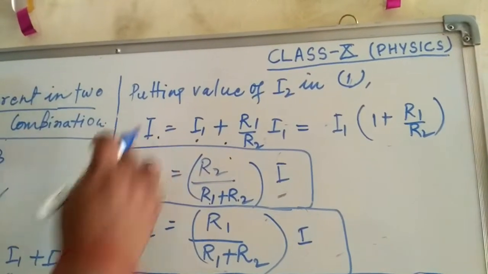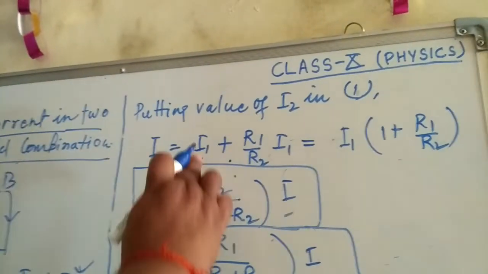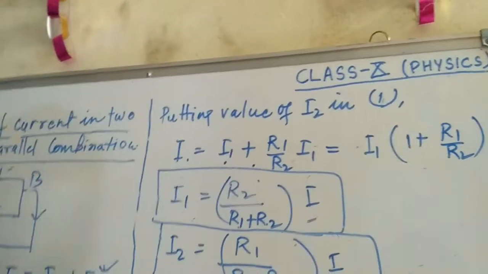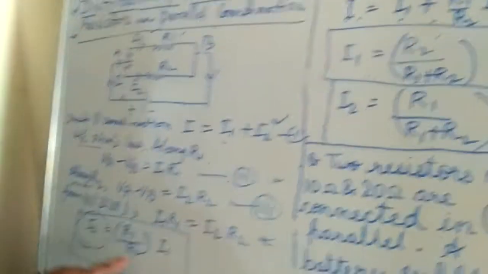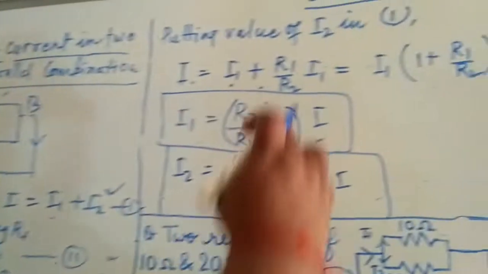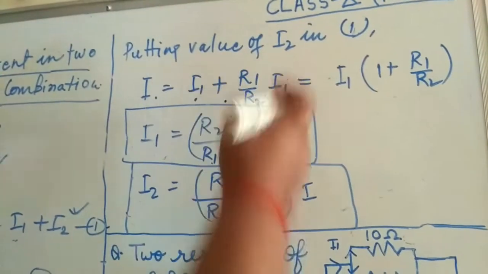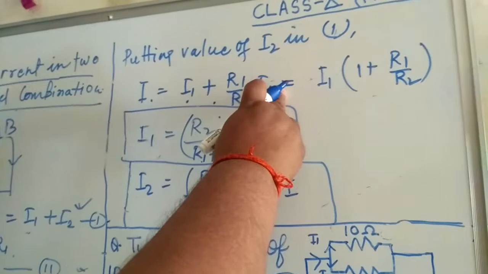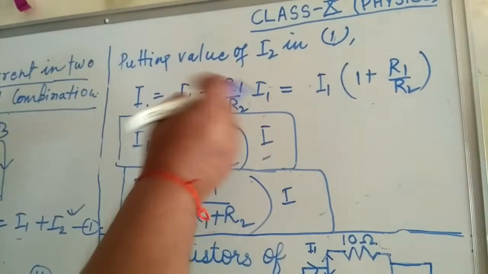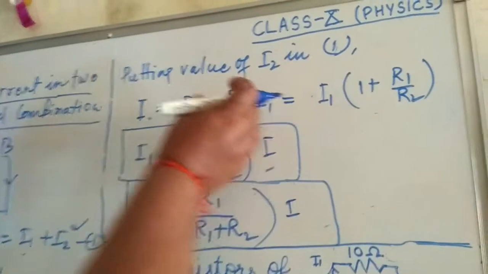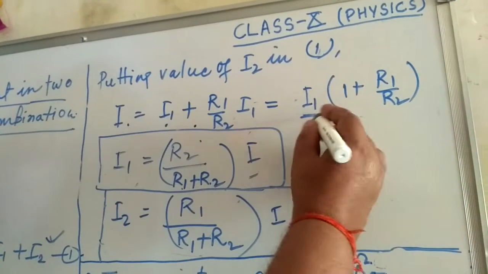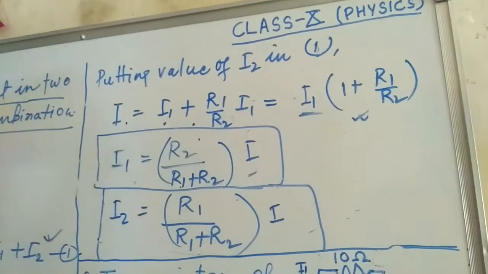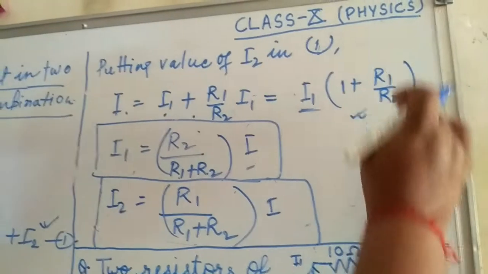So I is equal to I1 plus, in place of I2, we put the value R1 by R2 into I1. After that, we see that there is an I1 in both terms, so we take it common, and we get the expression 1 plus R1 by R2.